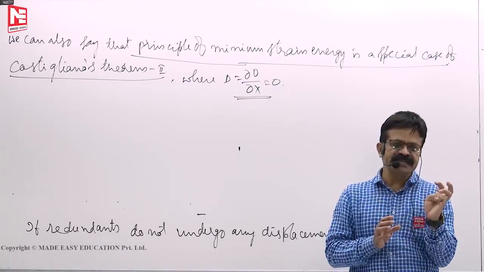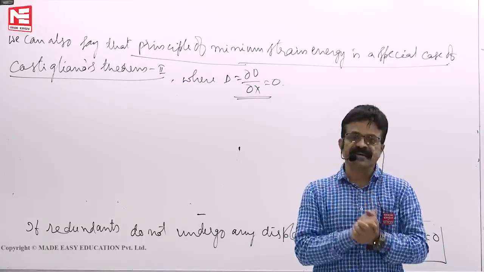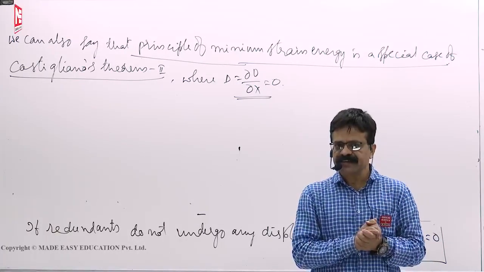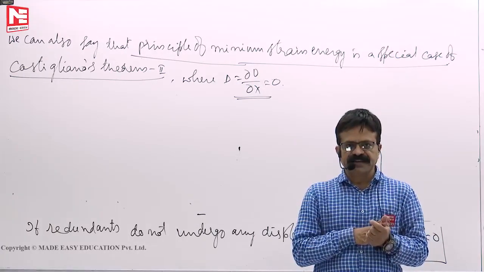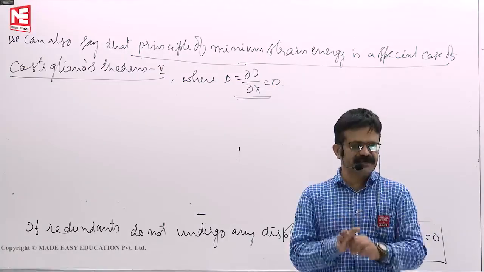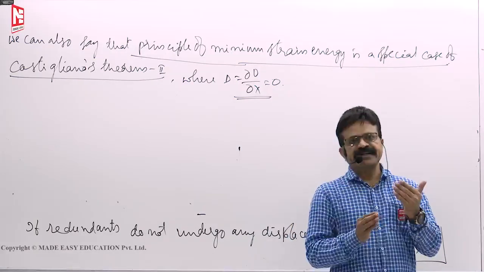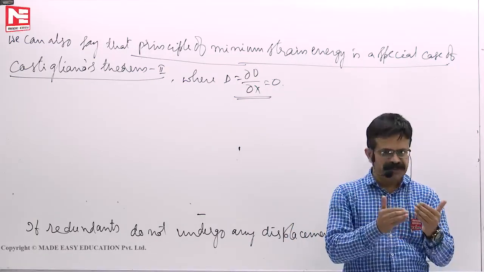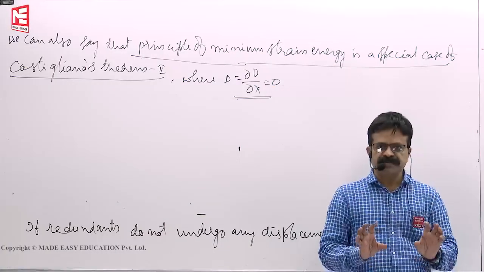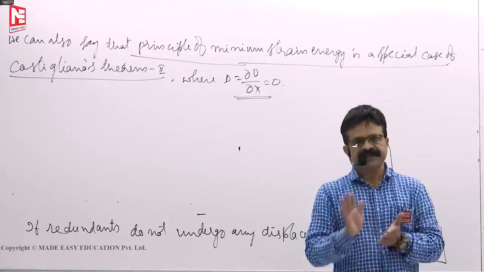One is the Crotti-Engesser theorem, applicable to linear and material nonlinear elastic structures, but not for geometric nonlinear elastic structures. If you differentiate the complementary energy with respect to load, you will get the displacement. If that displacement happens to be 0, then the Crotti-Engesser theorem reduces to the principle of minimum complementary energy. That's it.